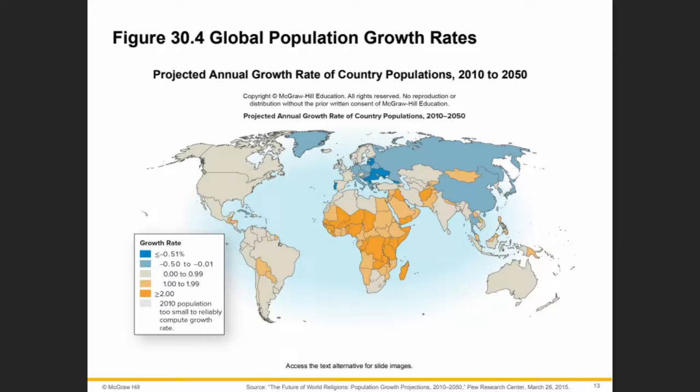Portugal, Estonia, Latvia, Ukraine, Romania, Bulgaria: the growth rate is equal to or less than 0.5%.